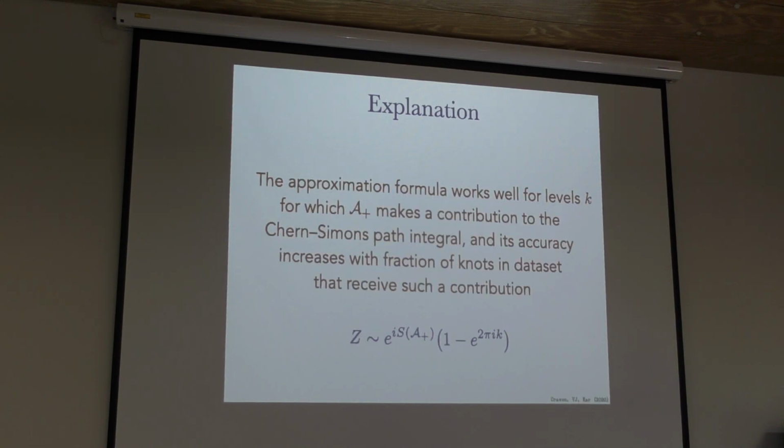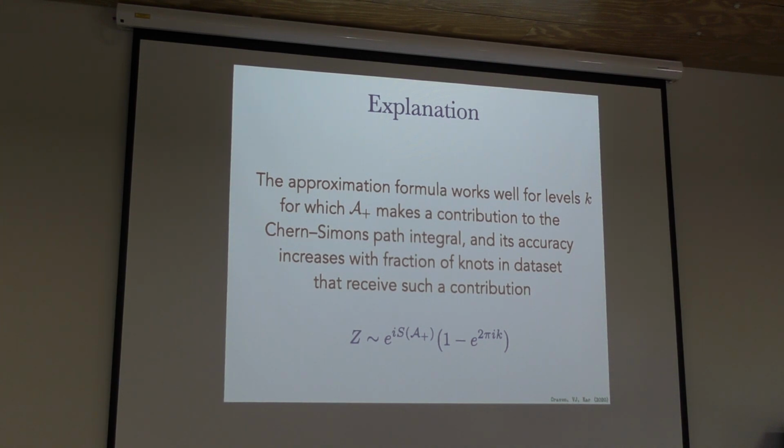The approximation formula works with this geometric conjugate connection, and roughly the contribution looks like the evaluation at this geometric conjugate connection times 1 minus e to the 2 pi i k. So for integer k, the evaluation doesn't really help you. So the fractional level is really essential to getting a good approximation.